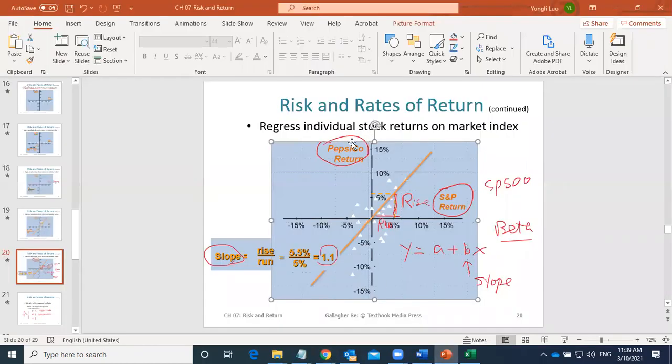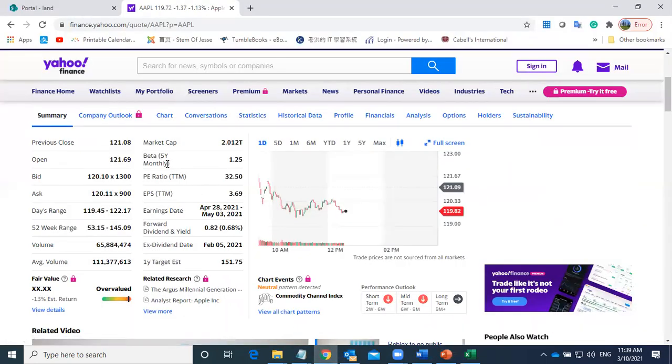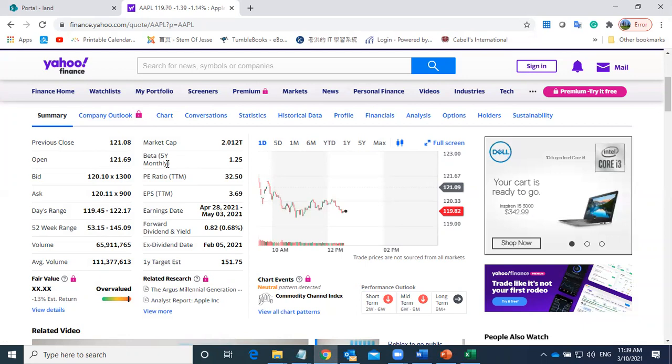What is beta? Beta is the slope of the return of that stock relative to the market. That means beta is measuring the sensitivity of this stock relative to the general market.